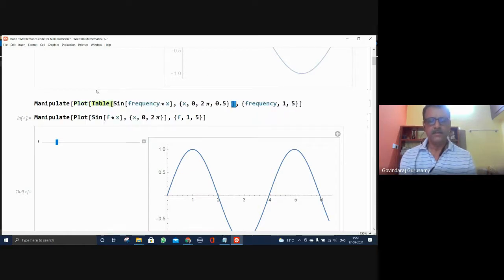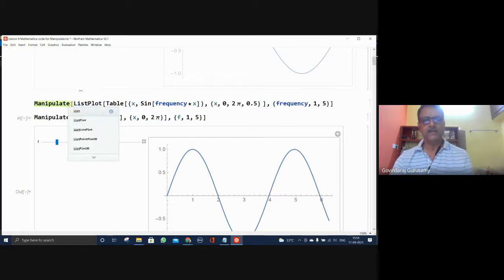I want a list where x is a variable with the frequency, and this list is being taken, and the plot must be on the list. List plot table, and I need another closing bracket because I opened the bracket here. That should be closed here.